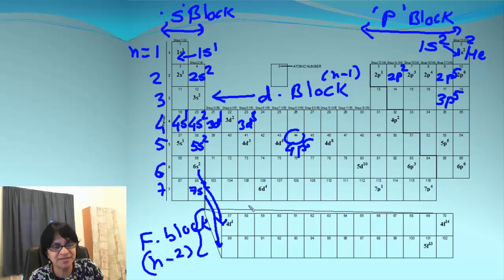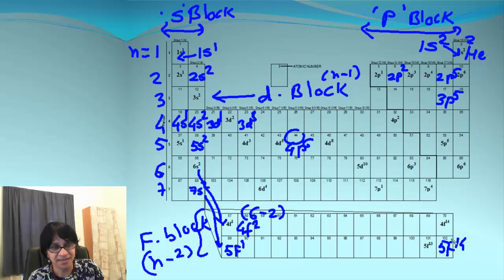So coming from 6th level, this will actually be 6 minus 2, which will be 4. So we'll have 4f1, 4f2, and so on. And when we come to the next one, this is actually 7th level, but we are going to have it 7 minus 2, which will be 5f1, 5f2, and so on till 5f14.